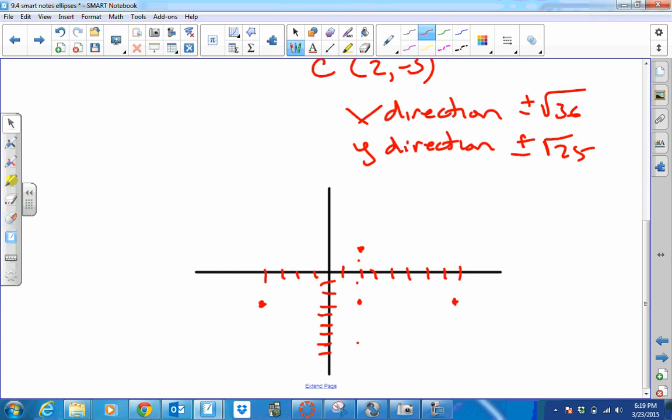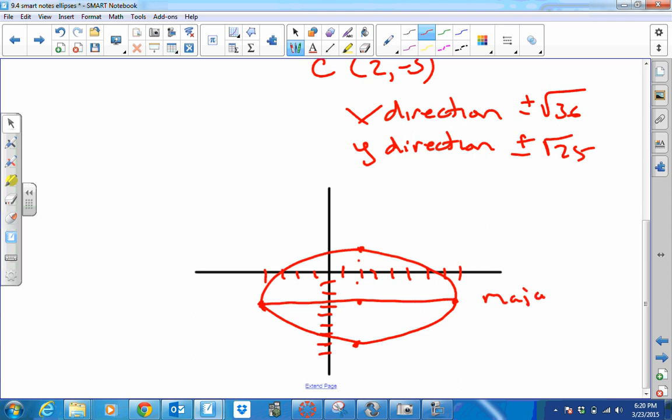And about right there. So once I have those points in, I can sketch my ellipse like that.